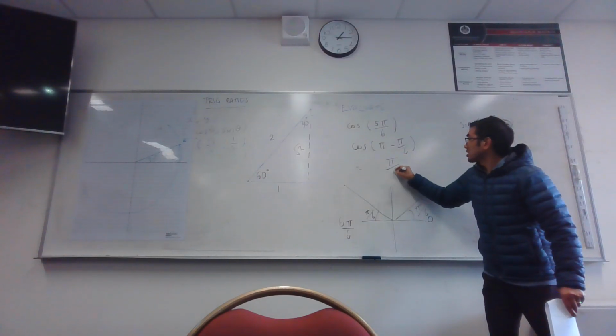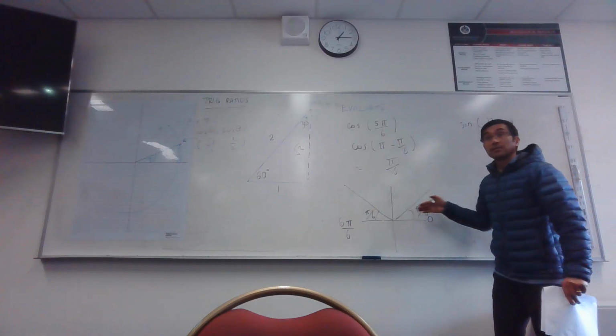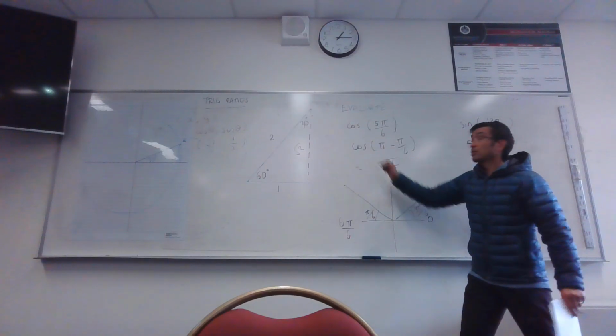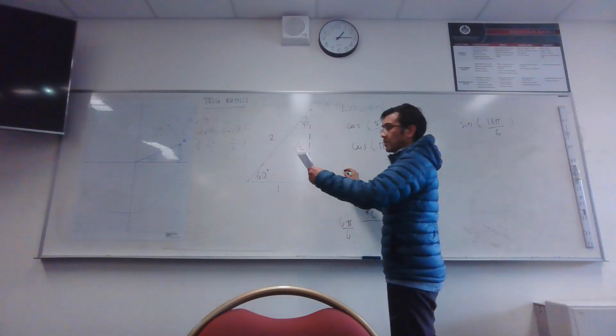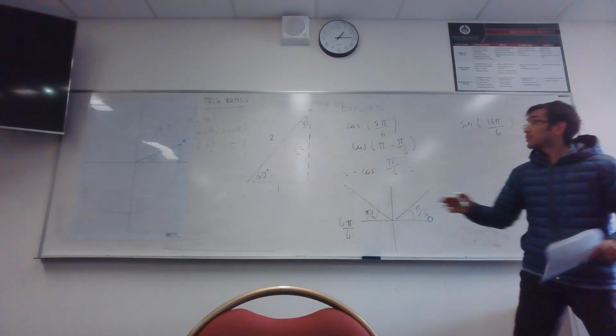Does it change signs though? Cosine. Yes or no? It is positive x, negative x if we're looking at cosine. So this is a negative cosine. Pi on 6.